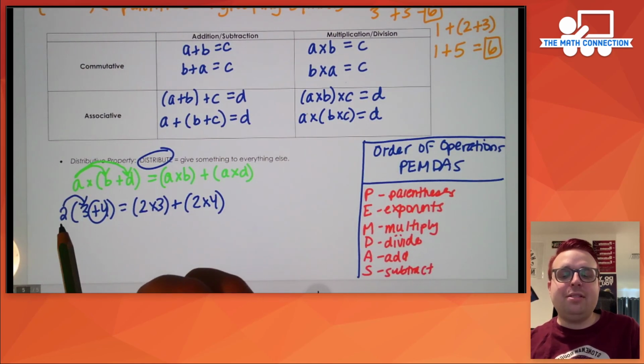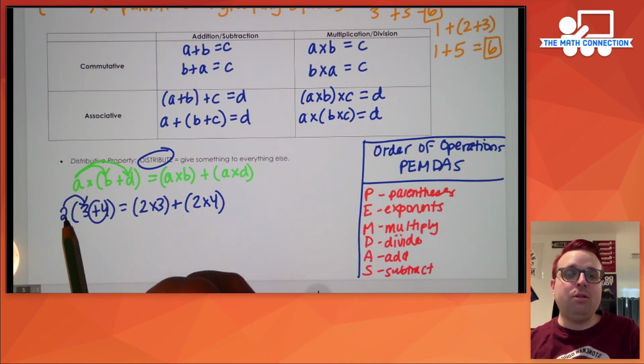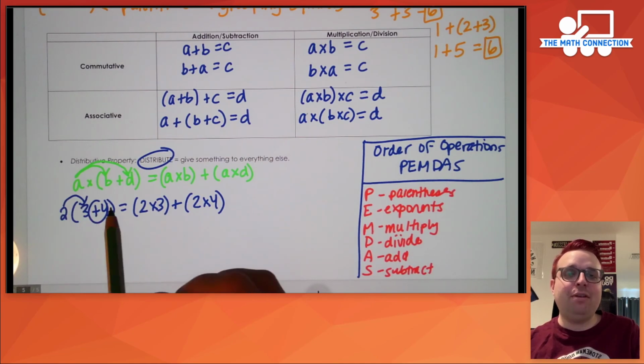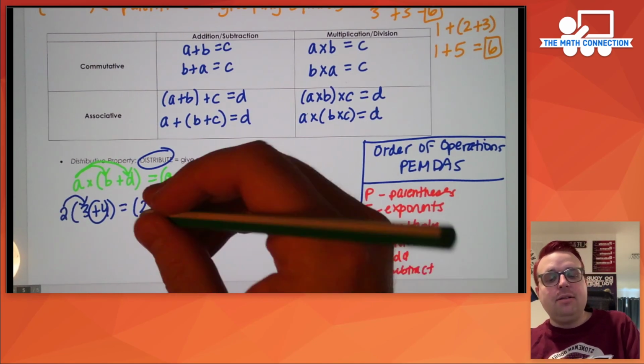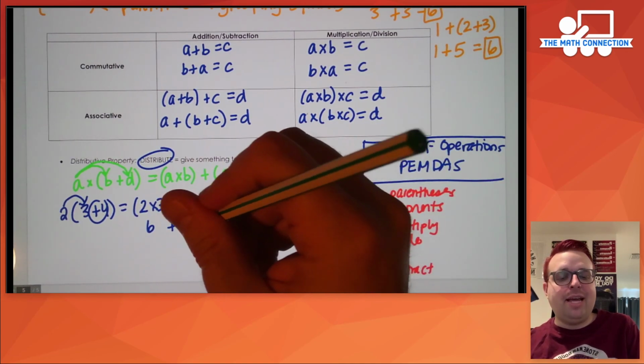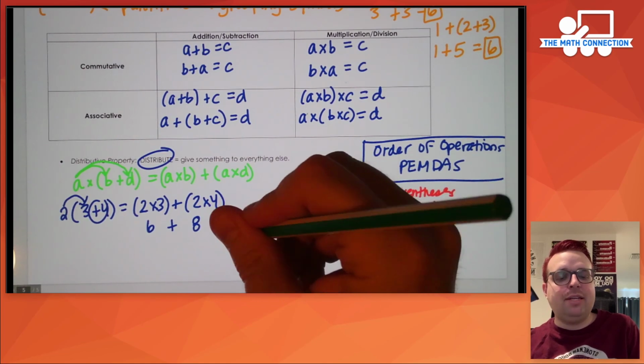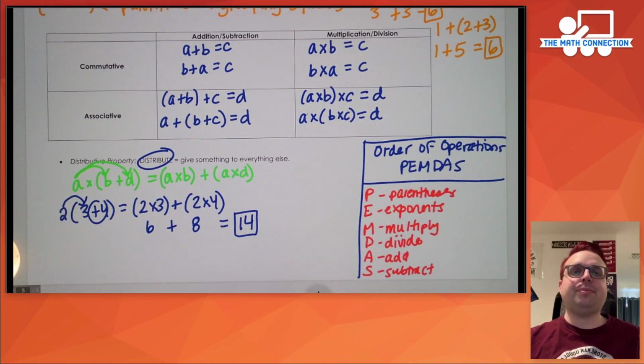In other words, this 2 applies to both things inside the parentheses. That's what this means. This 2 being multiplied means you multiply it by everything in the parentheses. So let's simplify this. 2 times 3 is 6, and 2 times 4 is 8. So this is 6 plus 8, and 8 plus 6 is 14, and that is our final answer.